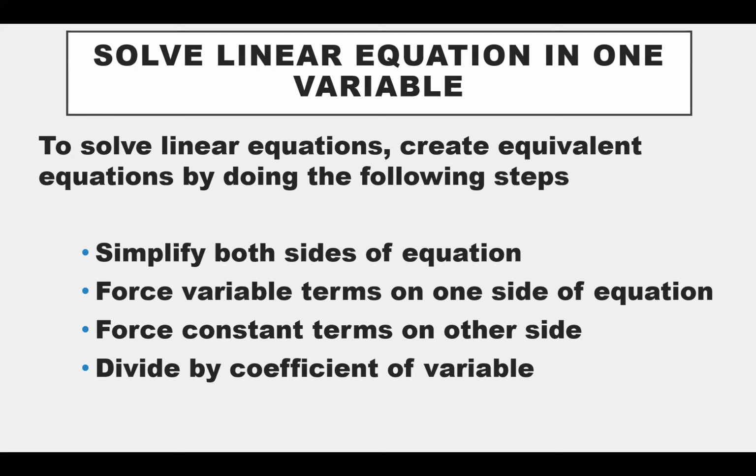This is the way to solve linear equations in one variable. Again, simplification can mean multiply by common denominator and also just combining like terms, using the distributive property, those types of things. So that's it for this video on solving linear equations in one variable.